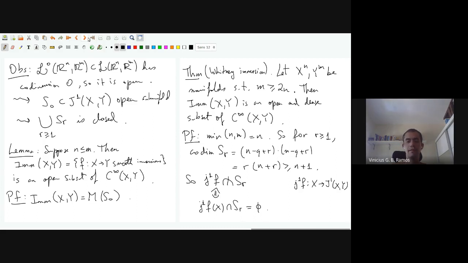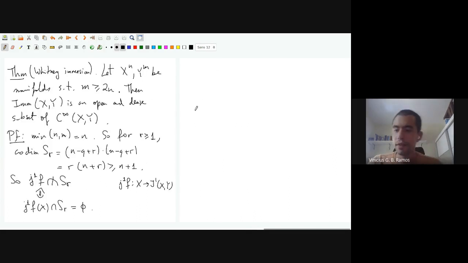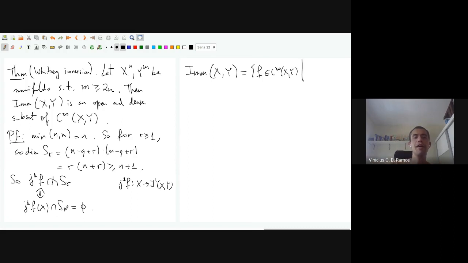Any questions? And now remember that the set of immersions, from the first proposition, is the same as the set of functions that don't intersect any S_r for r greater than or equal to 1.